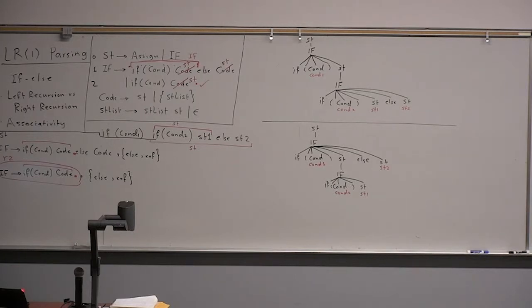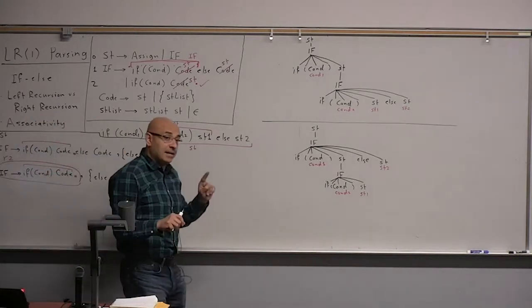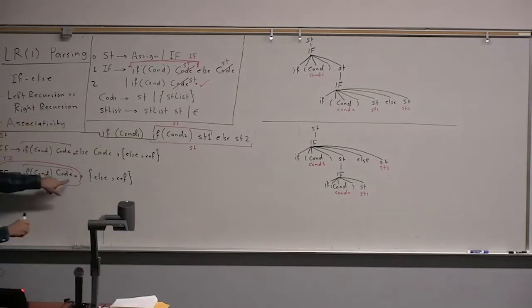So the problem here is that when you get to this point, if what you are seeing in the file is an else, if your look ahead is an else, you can reduce or you can shift. So this is what we call a shift reduce error.